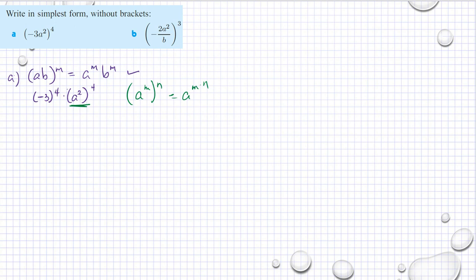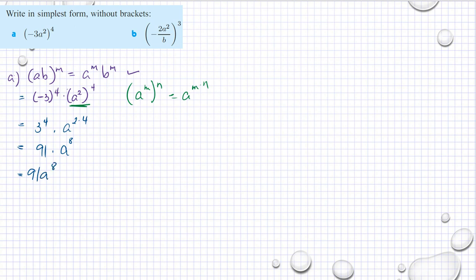That we can use. So we have negative 3, which says if the exponent is an even number, then we have positive. So we have 3 raised to 4 multiplied by a raised to 2 times 4. Then this is 81 multiplied by a raised to 8, or 81a raised to 8.